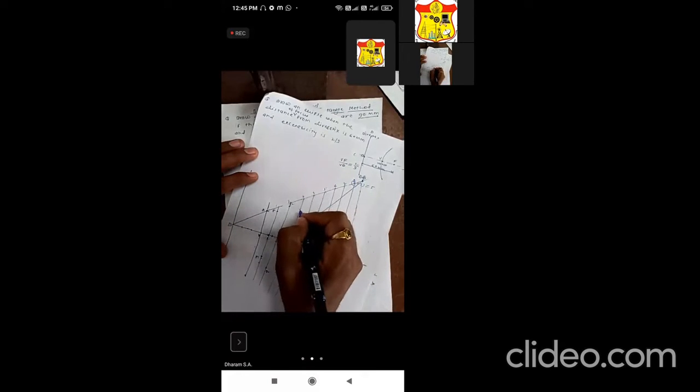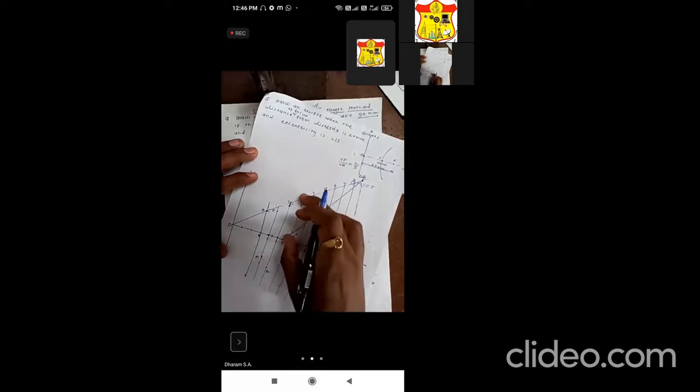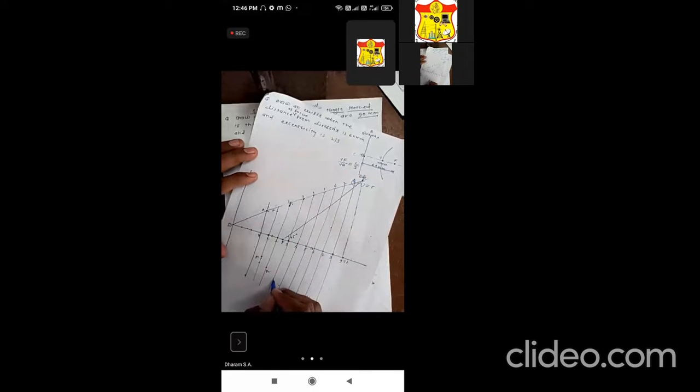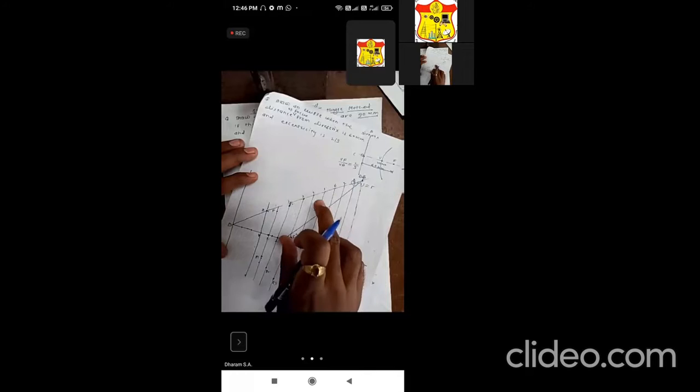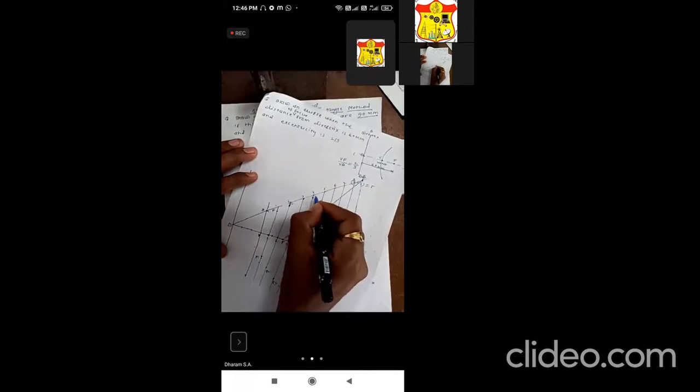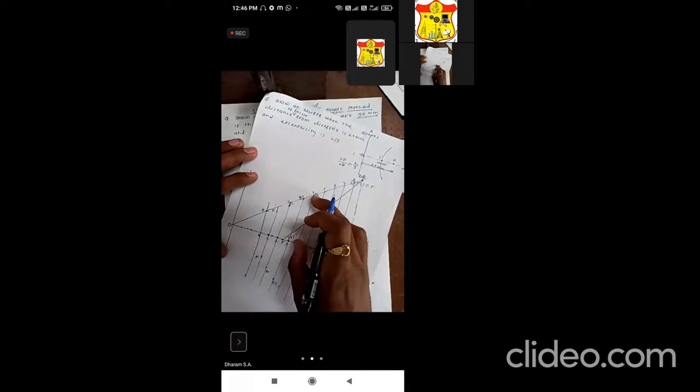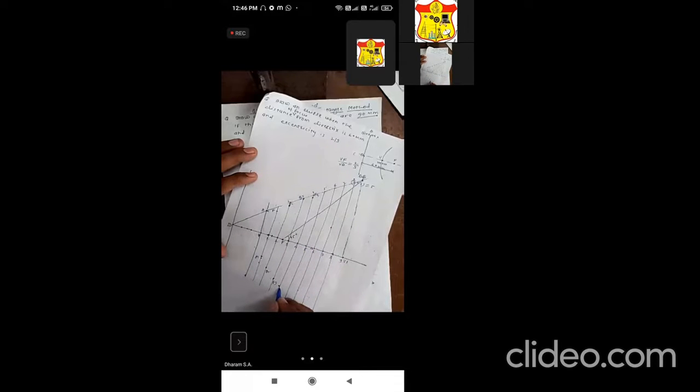The same distance is here. This is P3. Next, 4 to 4 with F as center, cut the 4 line. This is P4.